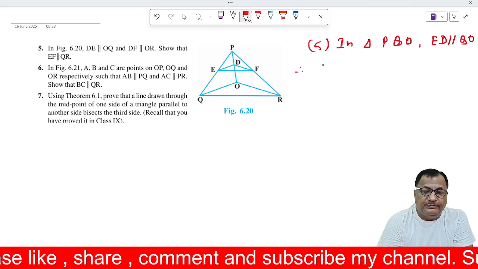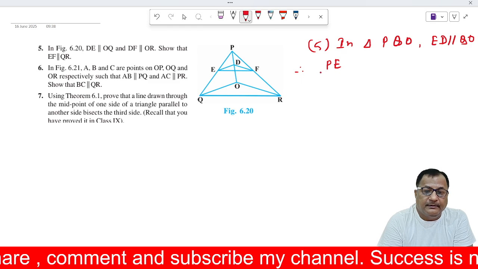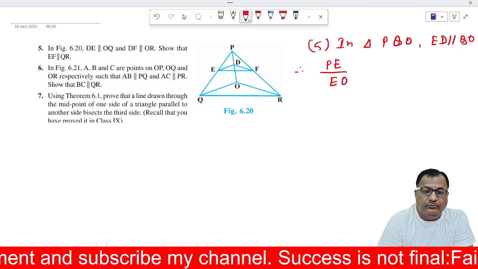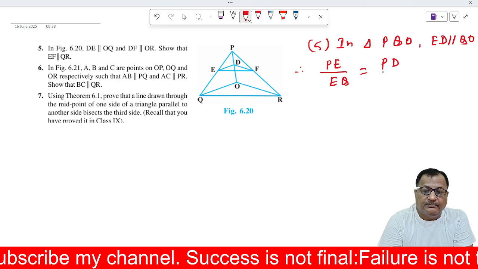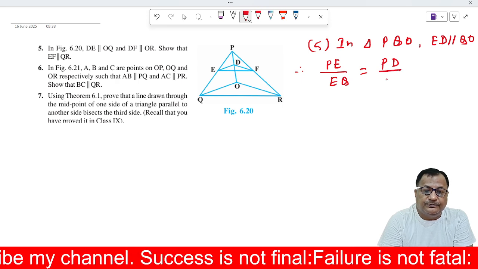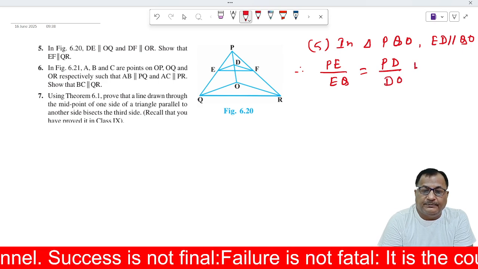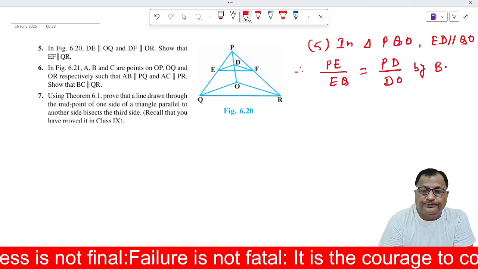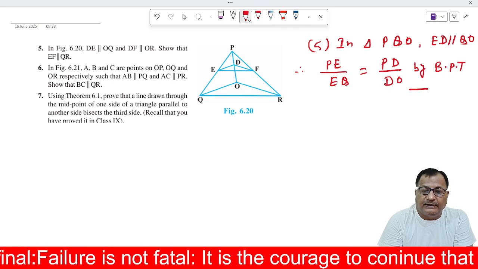Therefore, by BPT, PE by EQ is equal to PD by DO, by BPT.